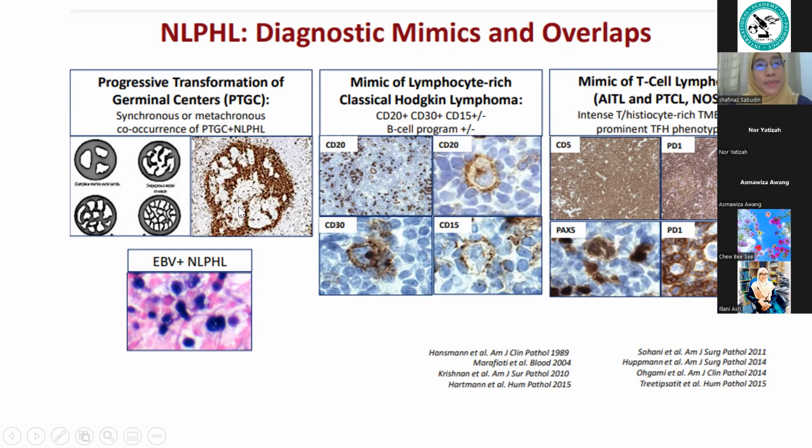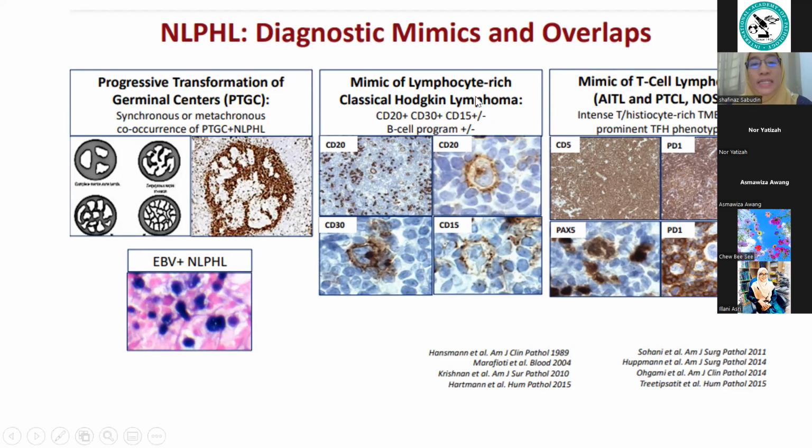But the way to distinguish between these two is by looking for the LP cells and the T follicular helper cell rosetting the LP cells. If it is very difficult to look in the nodule itself, we can try looking in the extranodular areas. Immunohistochemistry can aid us in identifying the LP cells and the T helper cell rosetting the LP cells.